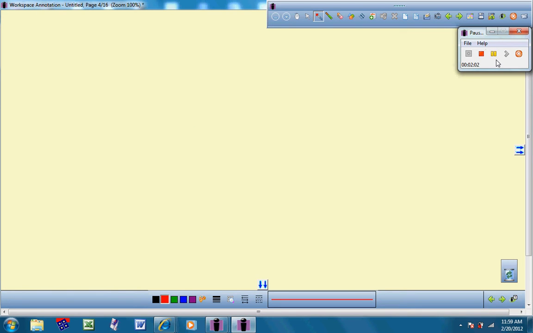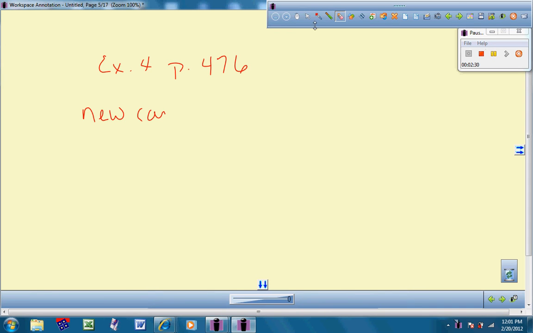Alright, the next example we're going to go over is example 4, on page 476 of your text. It says you buy a new car for $24,000.